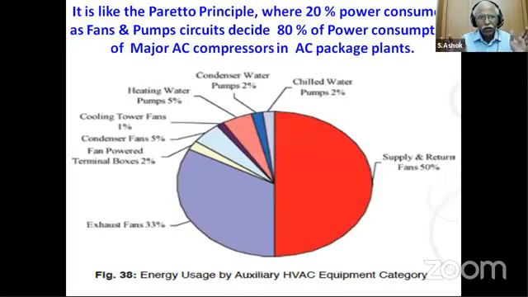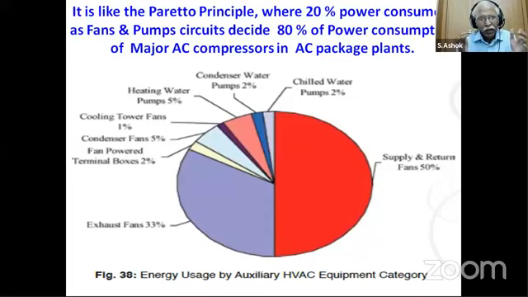To start with, let us take the air conditioning loop by loop, the total air conditioning system. It's like the Pareto principle, where 20% of the power consumers of the air conditioning system, either the fans and pumps, decide the 80% power consumption of the major AC compressors.